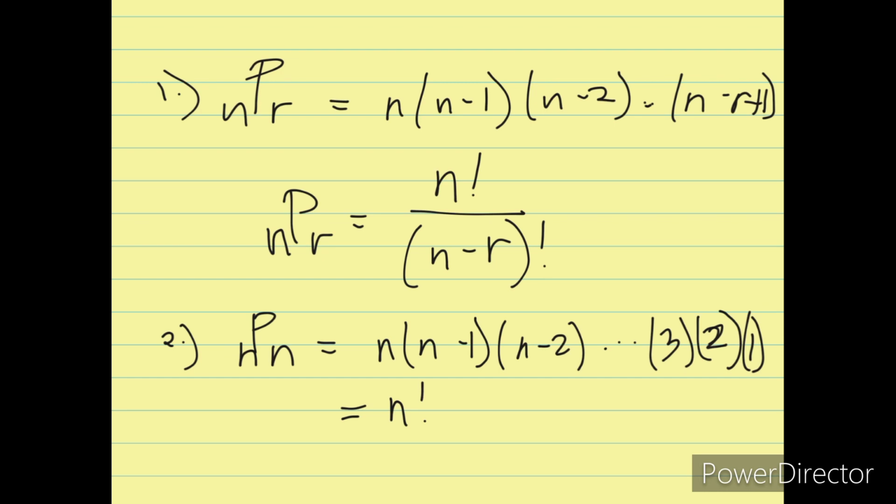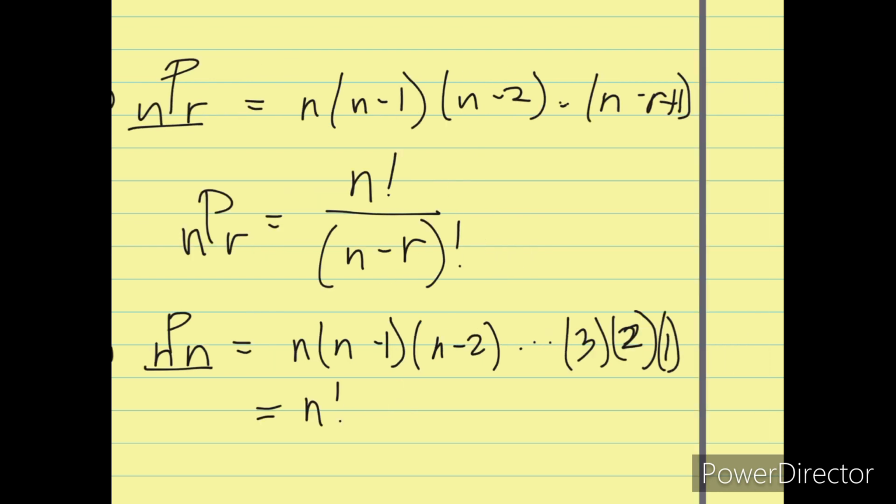So those are the formulas of permutation. First is the permutation of n things taken r at a time, and the second formula is the permutation of n things taken n at a time. So let's have an example.